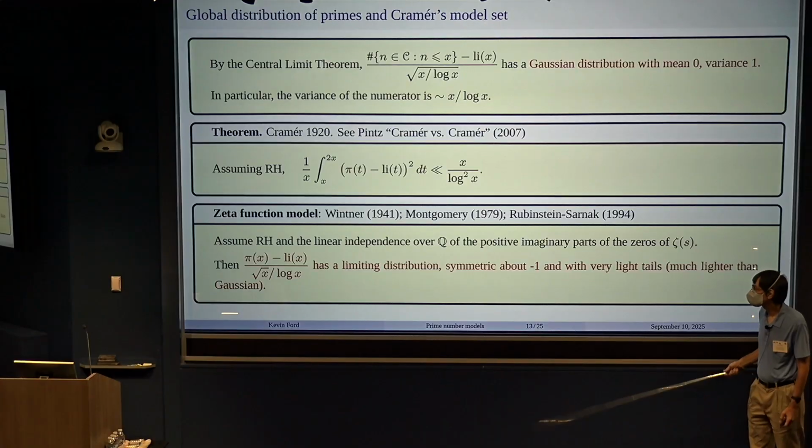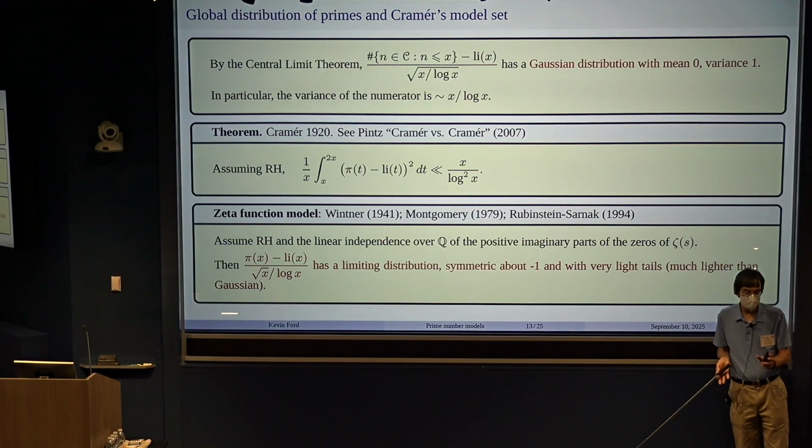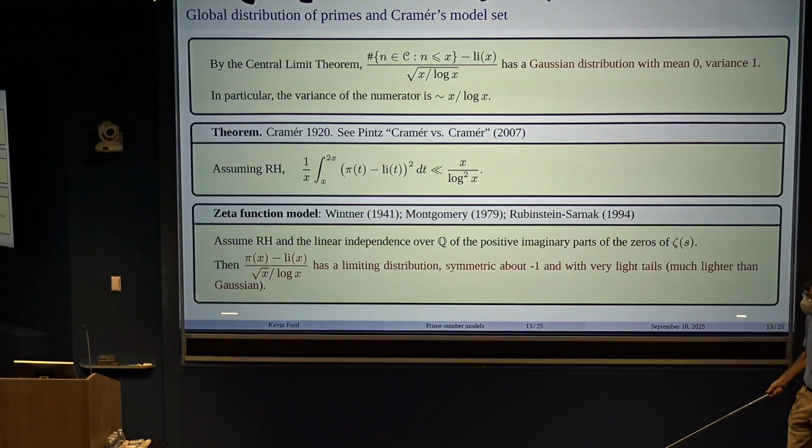In fact, it's symmetric about -1, and it has much lighter tails than Gaussian. In fact, the tails decay doubly exponentially. Okay, so again, that is a flaw in the Cramer model.